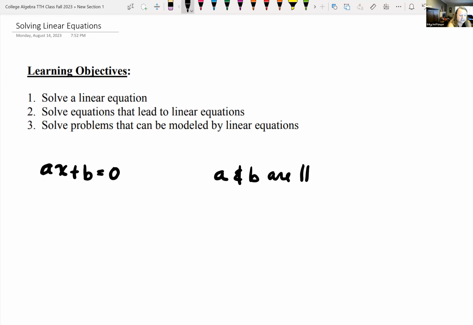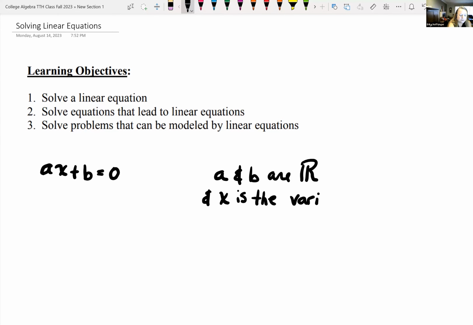Notation-wise for real numbers, you can look at this capital R that I just wrote with double vertical lines on it. That represents the real number system. So a and b are real numbers, and x is the variable.